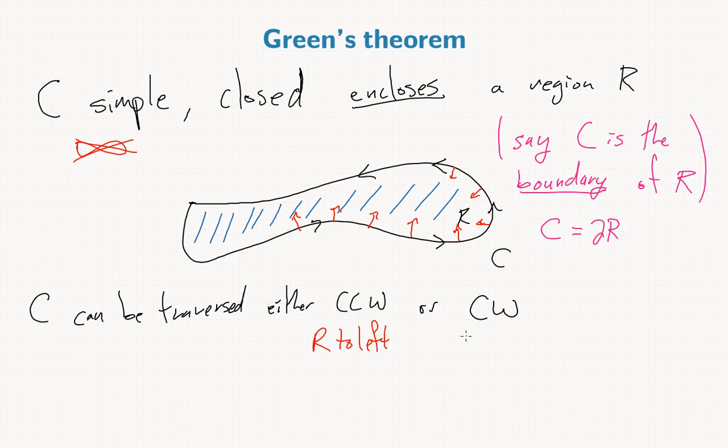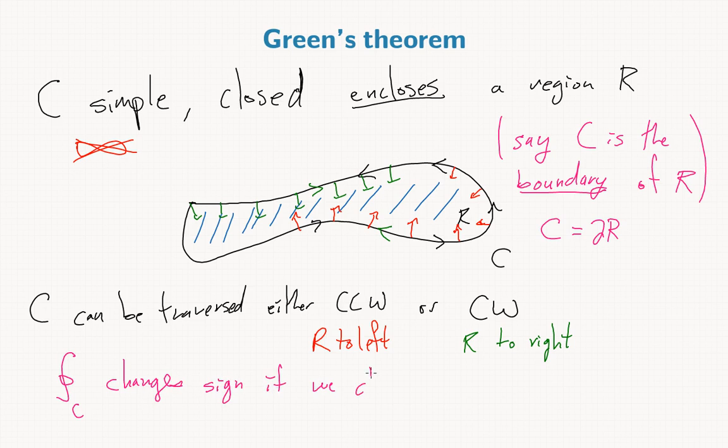Whereas if you're traversing C clockwise, the region R will always be to your right. This is for a clockwise orientation. I mention this because when we discuss the integral over C of something, this will change sign if we change the orientation, meaning the direction we traverse C.